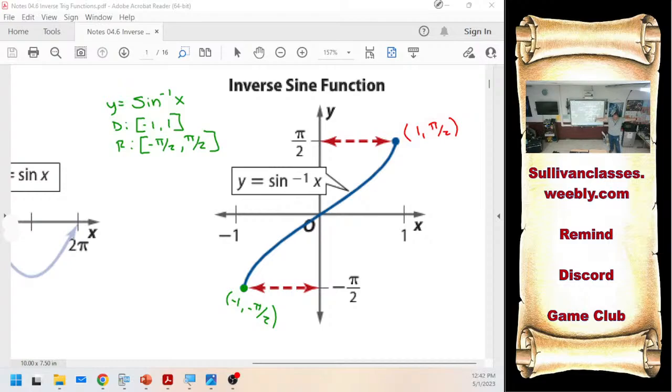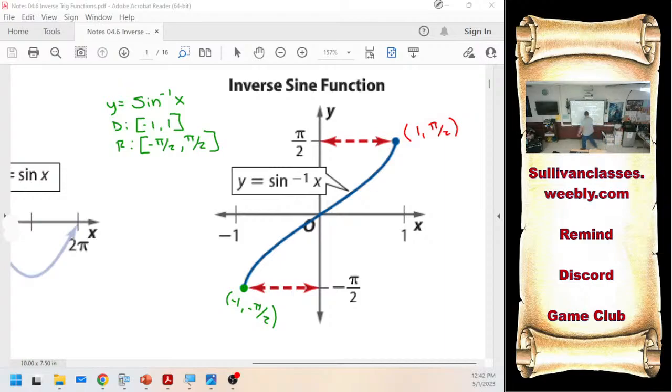Cosine keeps bouncing back and forth between them. So where do the -1 and the 1 happen? Cosine of what two angles? Cosine of 0 is 1. Cosine of pi, or 180, is -1.